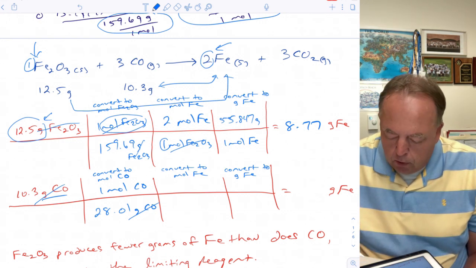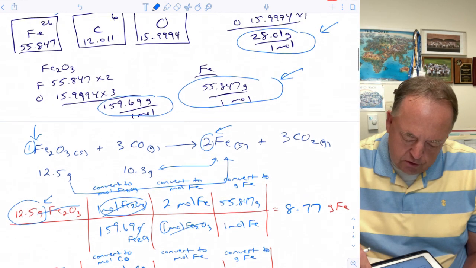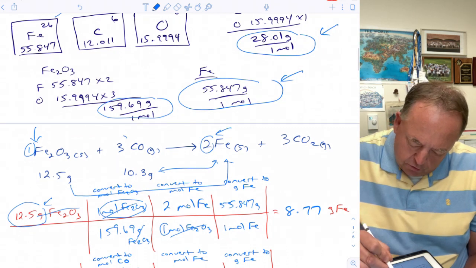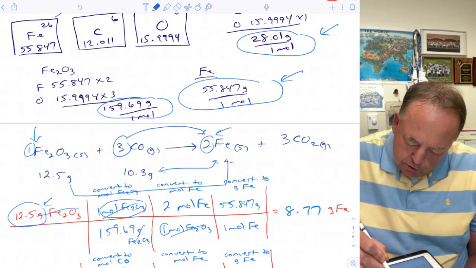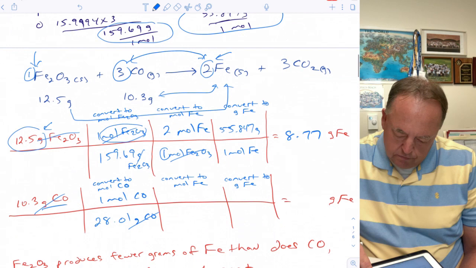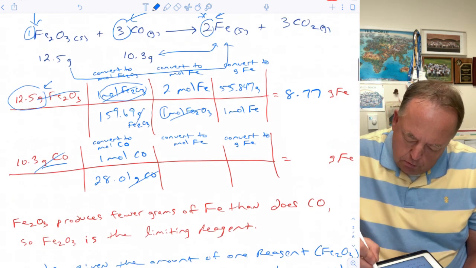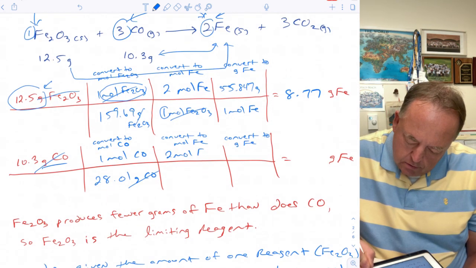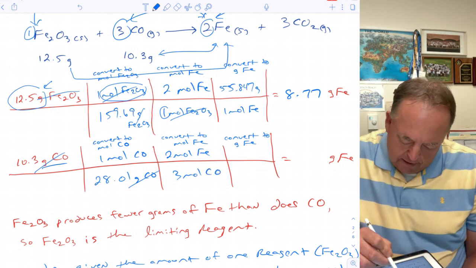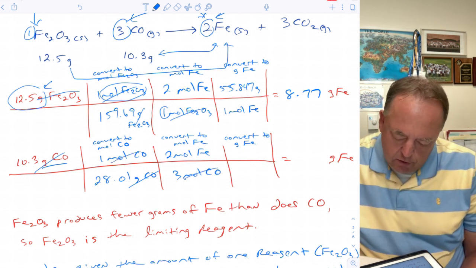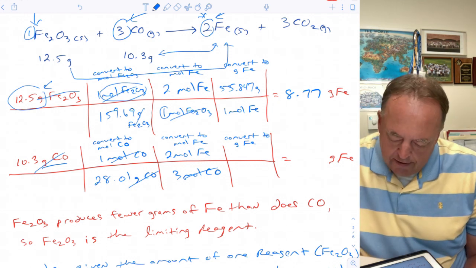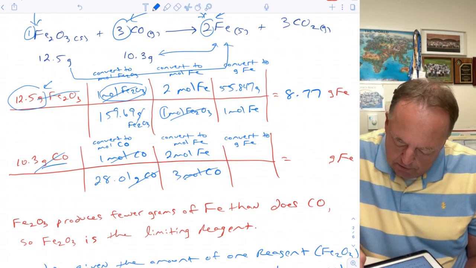Now we're going to convert to moles of iron. To do that, we use the molar ratio. So it's a 3:2 ratio. So 2 moles of iron per every 3 moles of carbon monoxide. And then moles of carbon monoxide cancel out, so now we're in moles of iron, and now we need to convert that to grams.